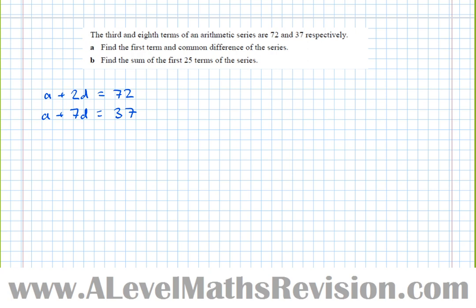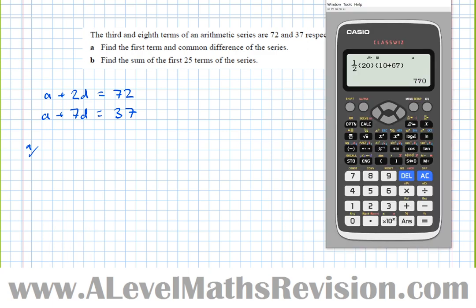I'm guessing we're going to have to solve these equations simultaneously. Part A: find the first term and the common difference of the series. So you could go back to GCSE and solve those equations simultaneously using the elimination method. However, it is fair game in A level to use your calculator to solve such equations unless the question says show full working.